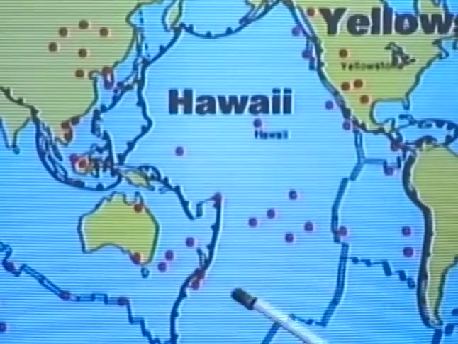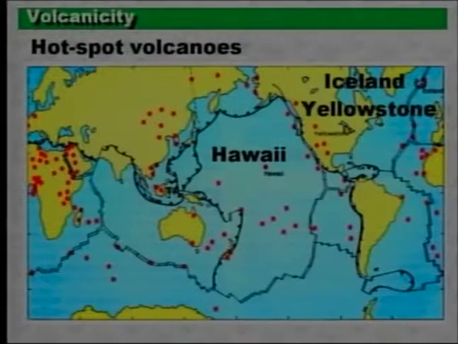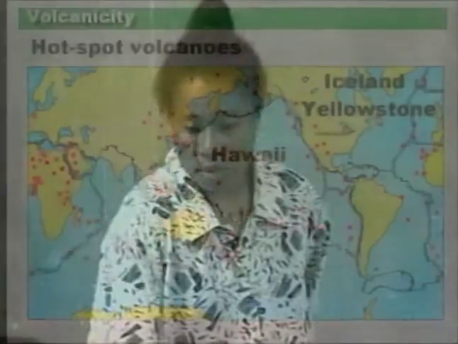The red dots on this map generally show us some of the volcanoes around the world which are known as hotspot volcanoes. You have that information also on your maps on the worksheet that has been distributed. Okay, we'll concentrate on the example of Hawaii.